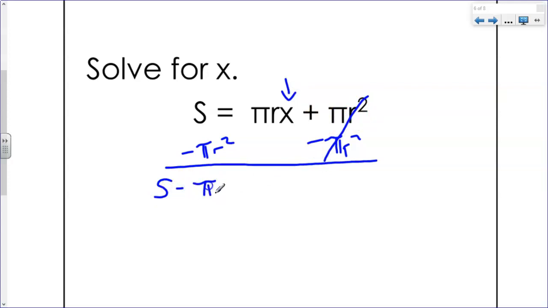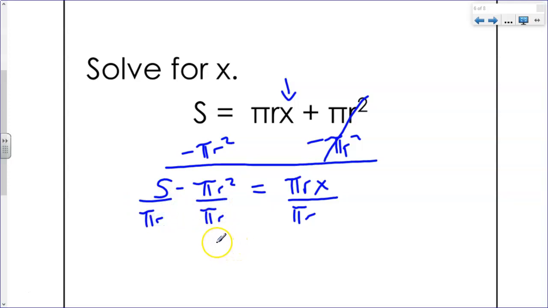S minus pi r squared equals pi r x. I don't have x by itself yet, so I'm going to have to divide each term by pi r, just like we did with the number earlier.